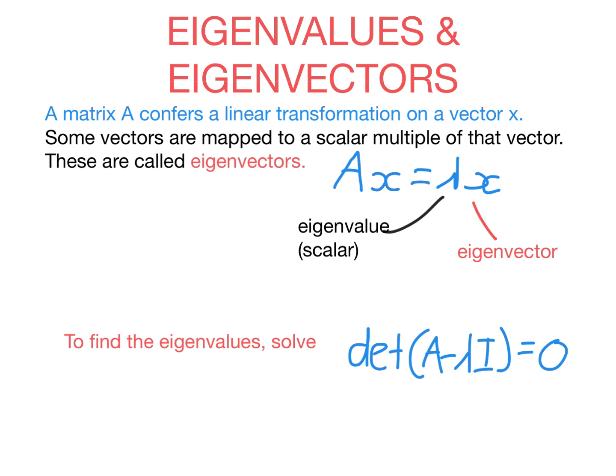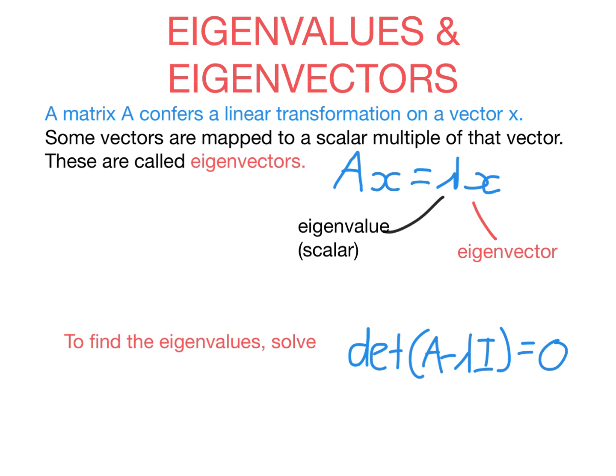Now it turns out for any matrix A, there is a subset of vectors that are mapped by that transformation to a scalar multiple of themselves. These are called eigenvectors. So an eigenvector is a vector of a matrix, so that when you apply the matrix to the vector, all you do is stretch it. You don't rotate it or anything.